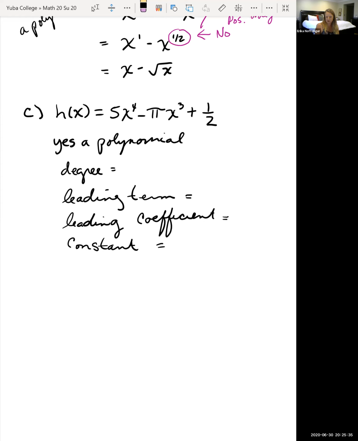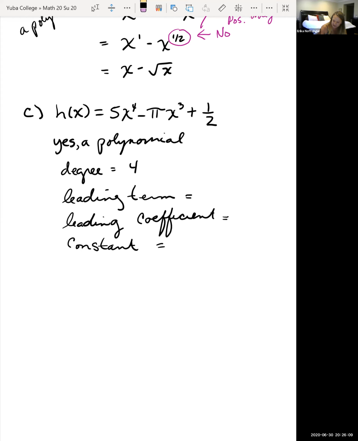So what's the degree of that one? All right, so degree 4. And the leading term, is it hard to type that one?